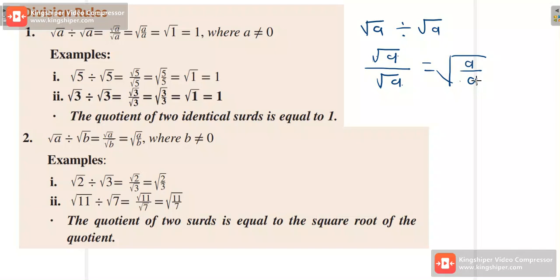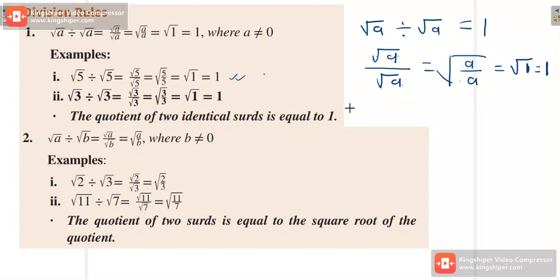Any number divided by itself is 1, provided the A, that is the denominator, is not 0. So we are going to have root of 1. And root of 1 is still 1. Therefore, the solution to this is 1.